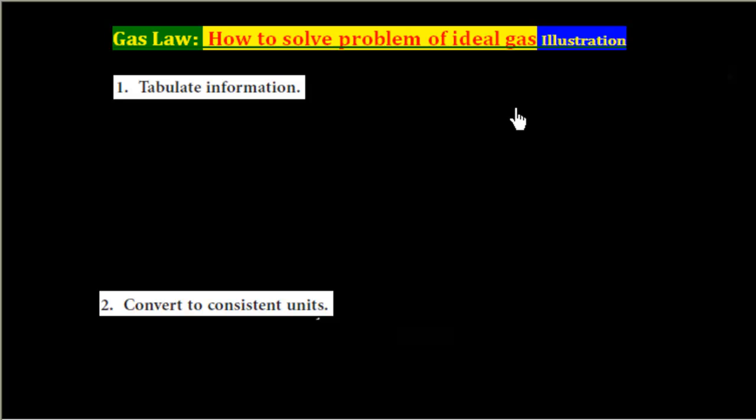In this lecture, we will discuss how to solve a problem related to the ideal gas equation. Whenever you have such a problem, you have to read the problem and tabulate the information. What information is generally given?